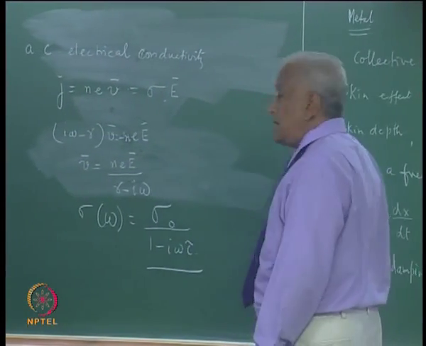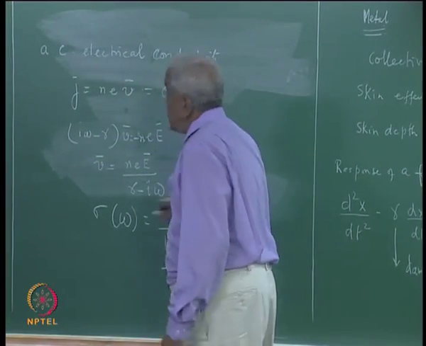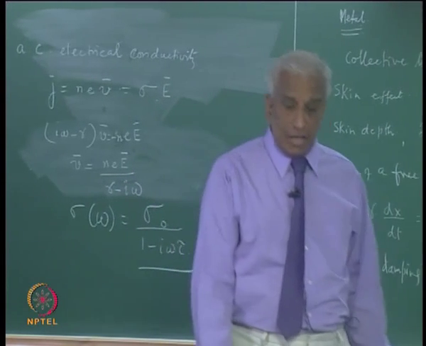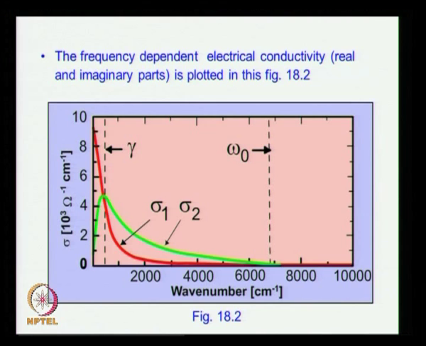So, that is the expression for the frequency dependent AC conductivity of a metal, and this is again displayed in the next figure, where the real and imaginary parts of the electrical conductivity of a metal are shown as a function of frequency or wave number, and you can see the whole behavior is very different from that of the DC conductivity.